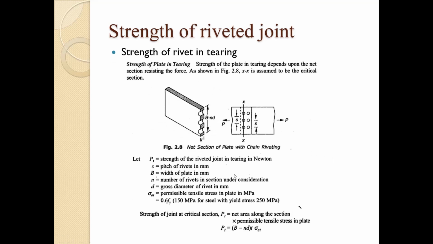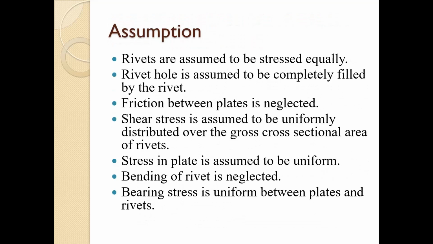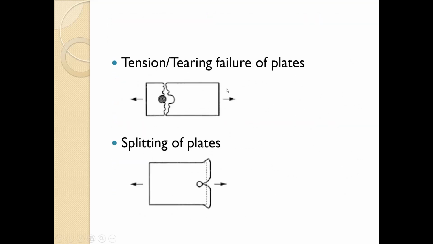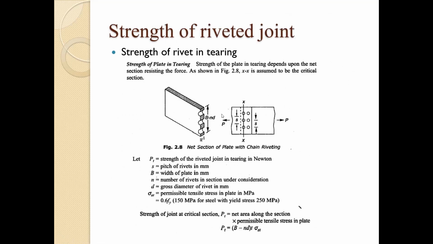The strength of rivet in tearing. Tearing is the tearing of the plate. As you can see over here, this entire plate tears. So the area of resistance is this. In this diagram, you can see this area is going to resist along this section. In this area, we have made the holes for the rivets, so we need to deduct that area.